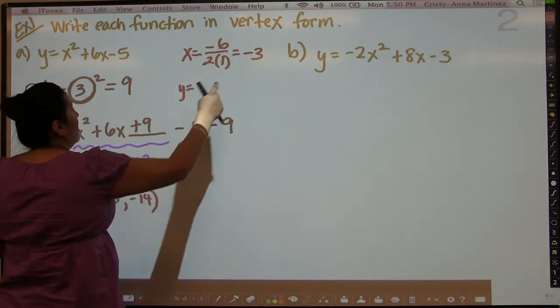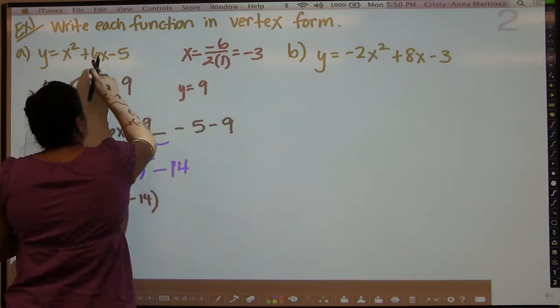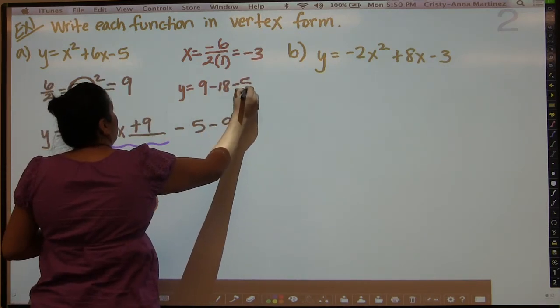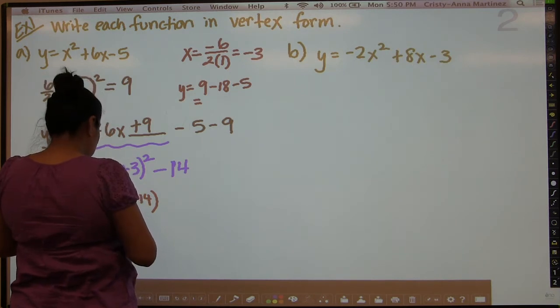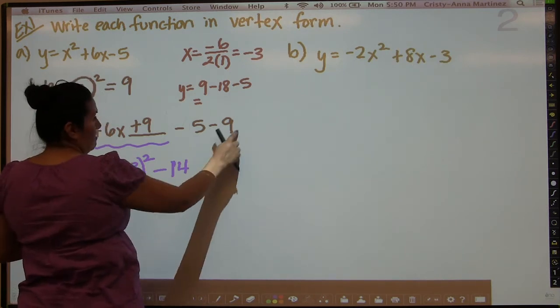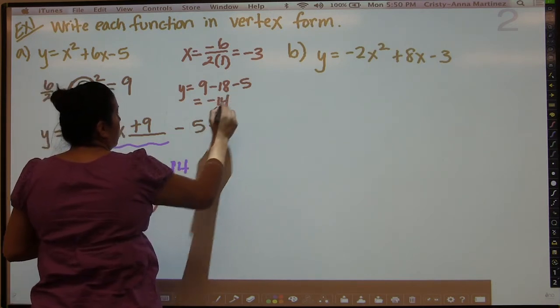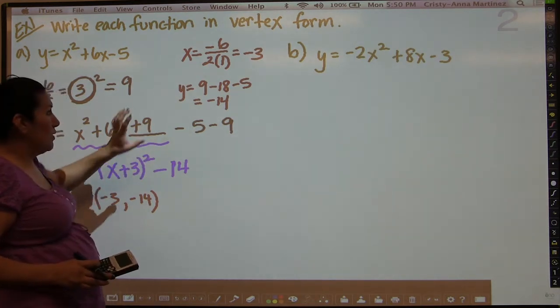So luckily we're going to go -3 squared is +9. 6 times -3 is -18 minus 5. So 9 minus 18 is -9, which is the same -9 we had here earlier, and then minus 5. So you're still going to get -14. So we get the same vertex doing it this way or doing it the vertex way.